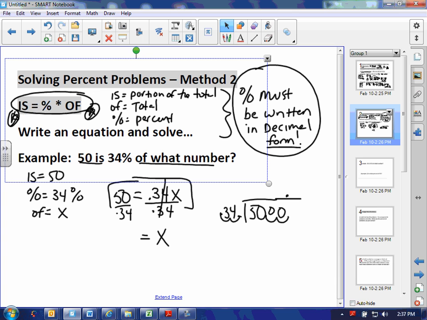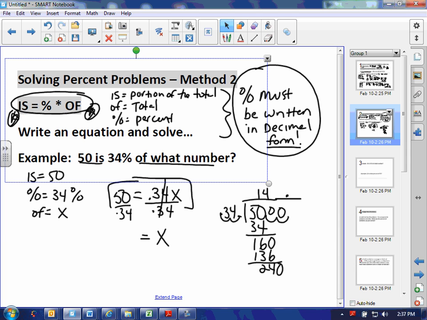Fill the buckets with zeros. 34 goes into 50 one time. Subtract, you get 16. 34 doesn't go into 16, so I bring down the 0. I believe this would go in 4 times. Okay, so that would be 136, I believe. Subtract, you get 24. Doesn't go in. Bring down the 0.